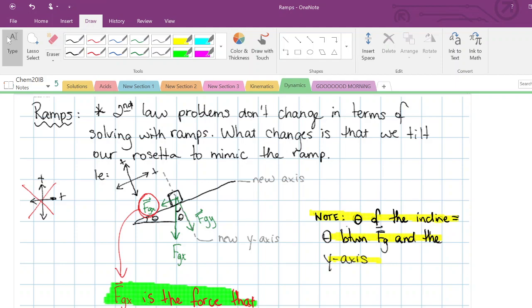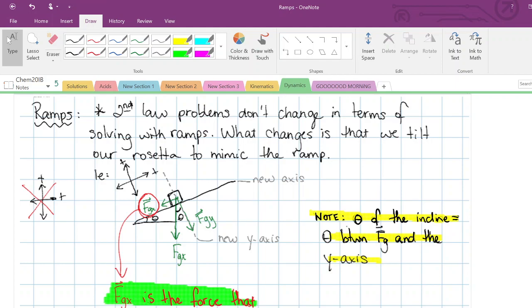So this ramp surface becomes our new parallel axis, and then the perpendicular to the surface of the ramp becomes our new perpendicular axis, or y-axis. And then everything else is much the same in terms of our solutions, but wrapping your heads around that particular concept takes a little getting used to.